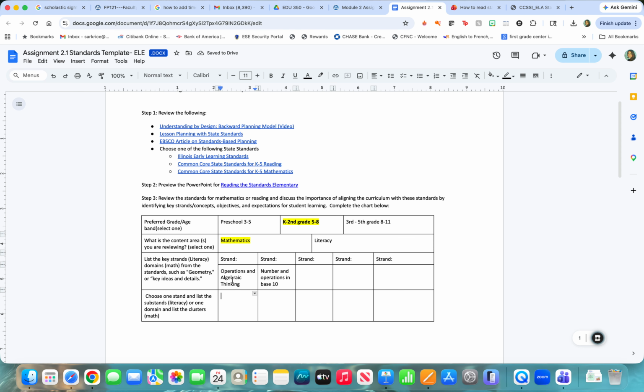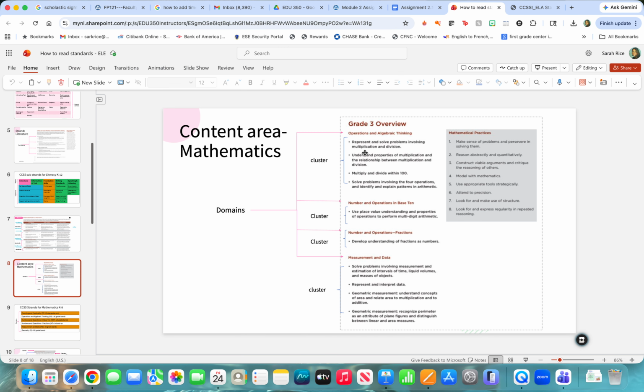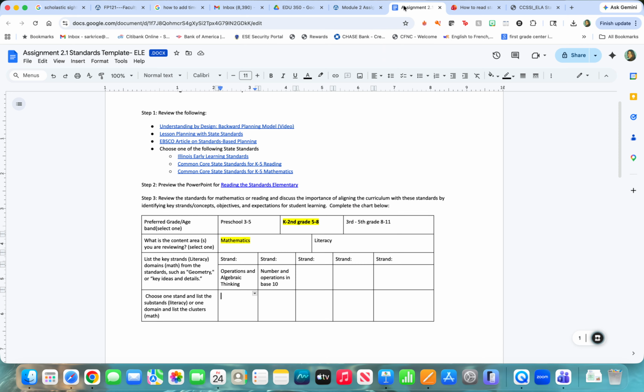Then for each one, I either choose the substandards or the domain. So here for math, for example, I have operations and algebraic thinking. For grade 3, this is represent and solve problems involving multiplication and division, understanding properties. So that's what I would put here if I'm choosing grade 3.